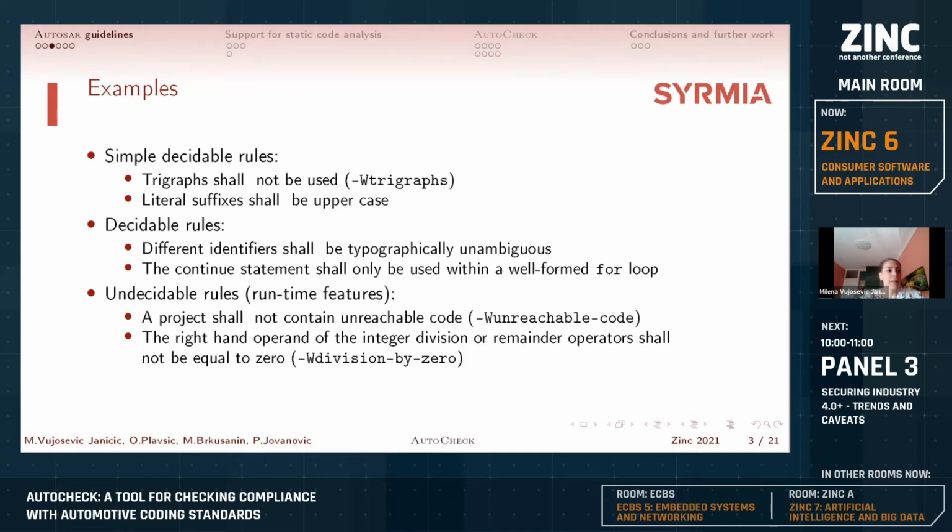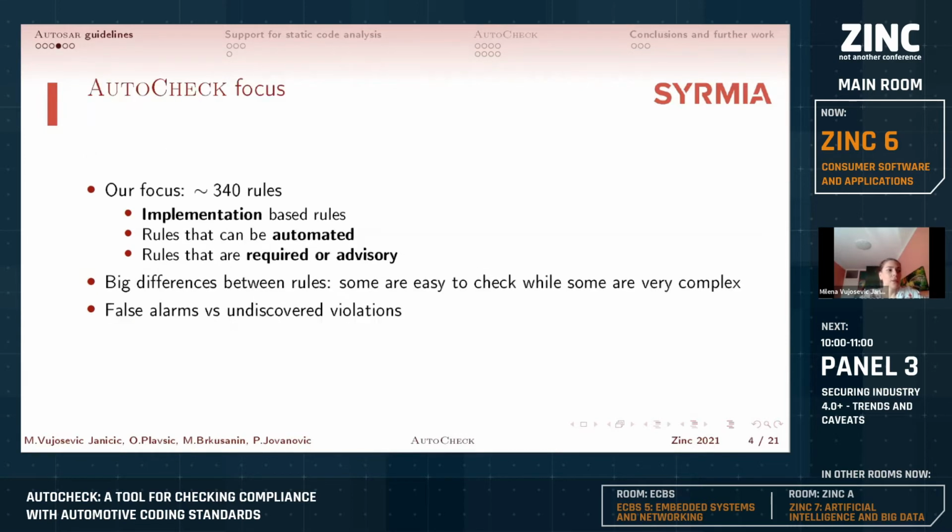And here we also have an example of undecidable rules, and these are claims about runtime features, like there should be no division by zero. This rule is undecidable and difficult to check.